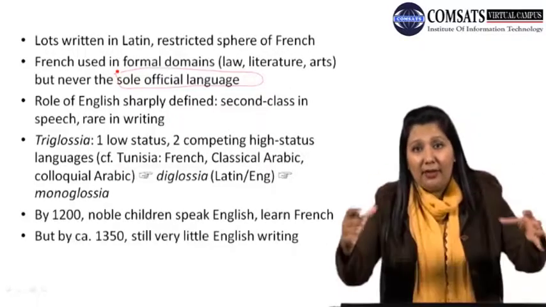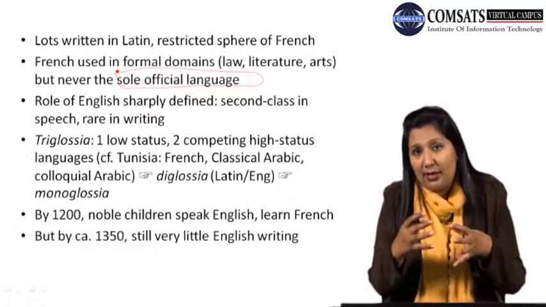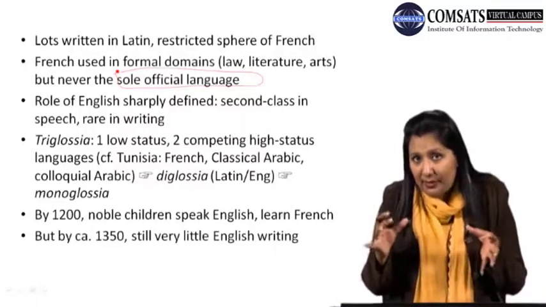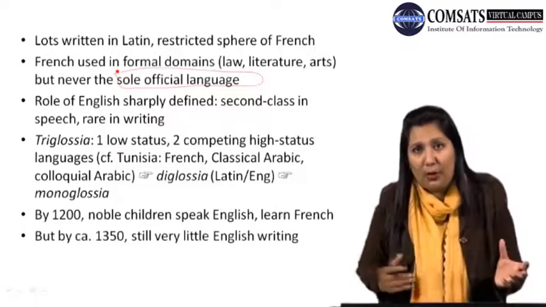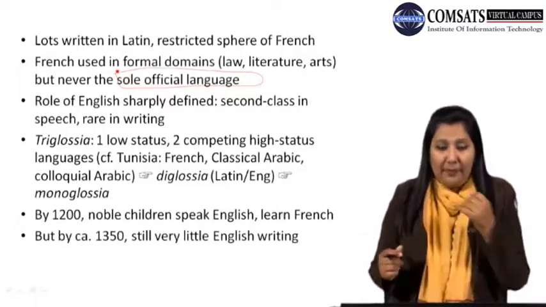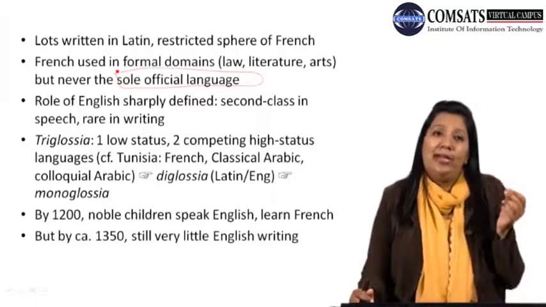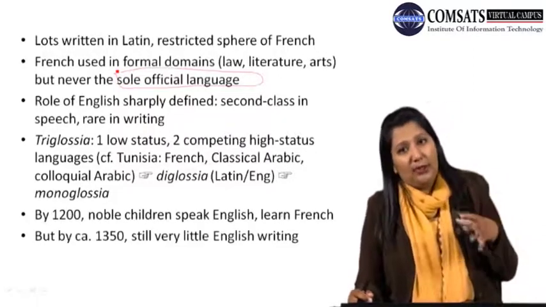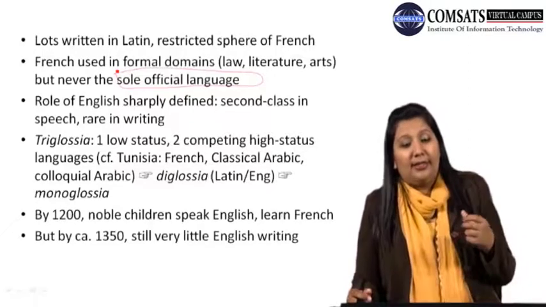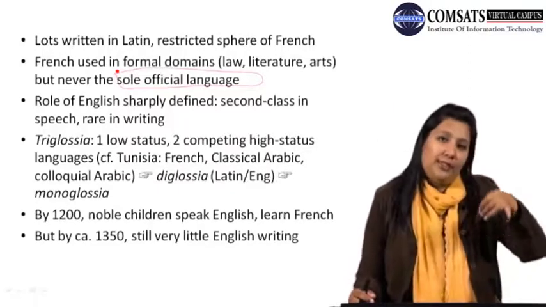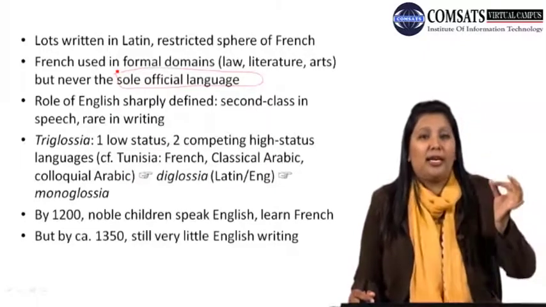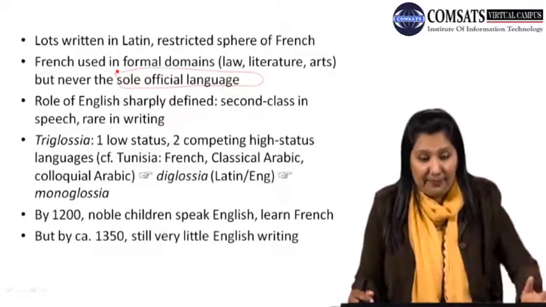But they had their own limitations in their own specified areas and regions where they were spoken. One thing that let all these languages flourish was that none of these languages was declared to be the sole official language of England at that time.